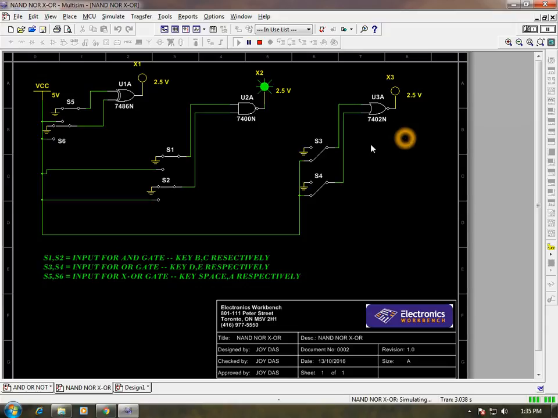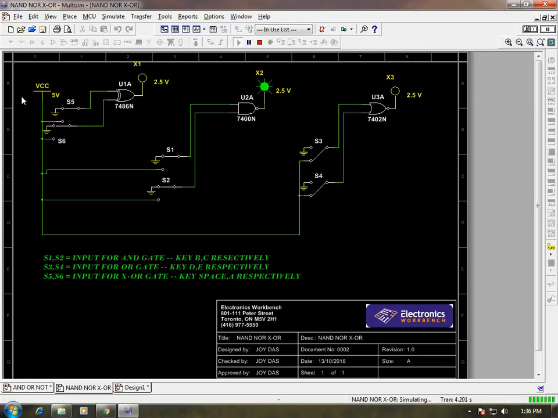The throwing switches are D and E; only when both are low can we get a high output. You can check it. As you can see, there is only one case where you get the output high, that is when all inputs are low. For NAND gates, when all inputs are high, you get low.